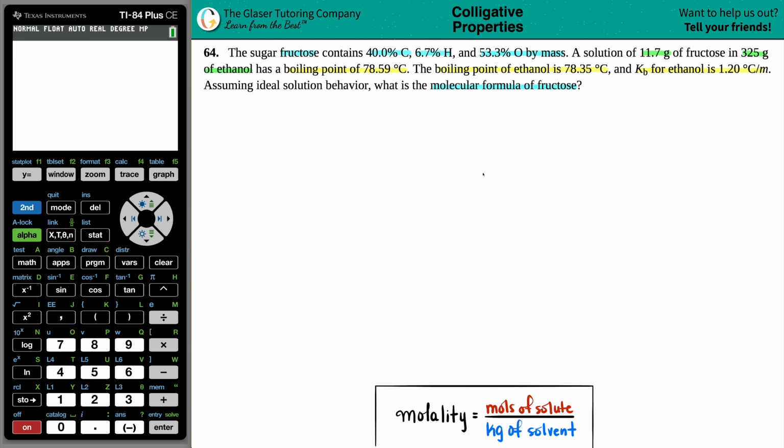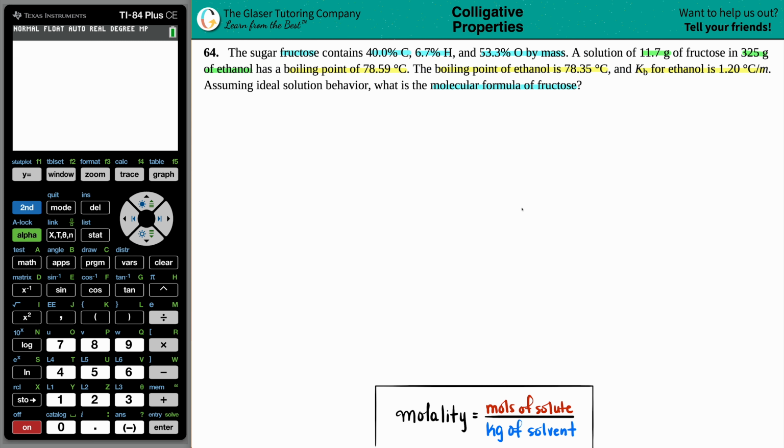Now, the main thing that I'm interested in for now is that they gave me percents of each individual component. If we just forget about all of this, and we see that we have percents, and they're asking for the molecular formula, that's a very big slew of steps that we have to do, especially if they give you percent and they're asking for either empirical or molecular formulas.